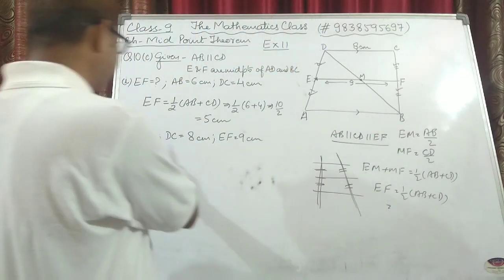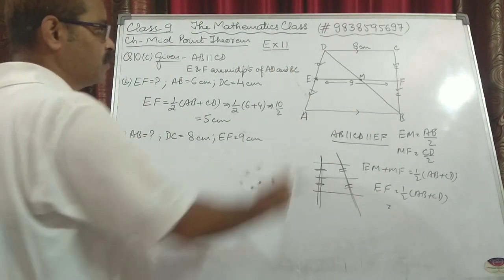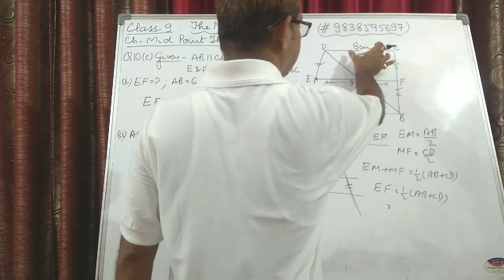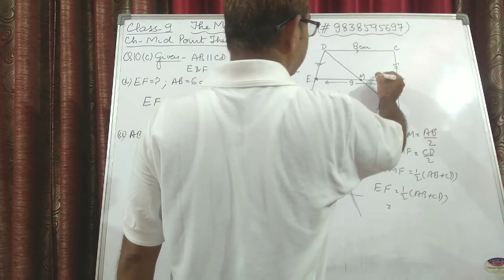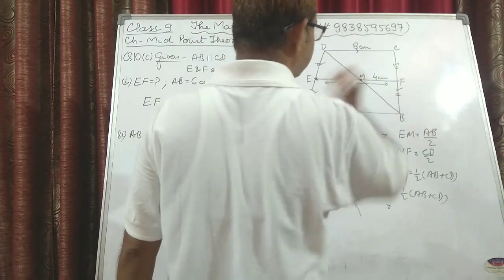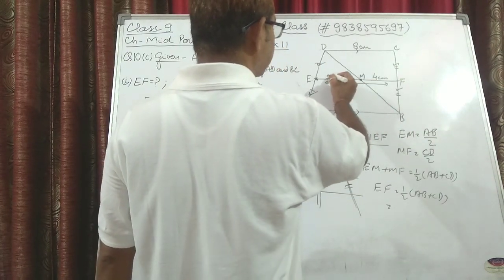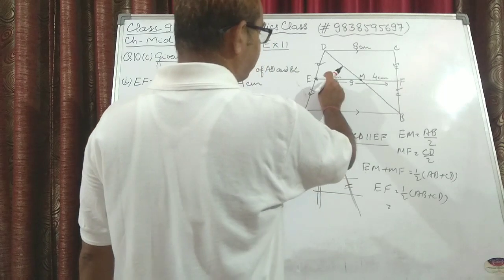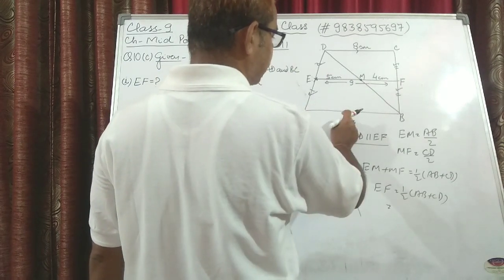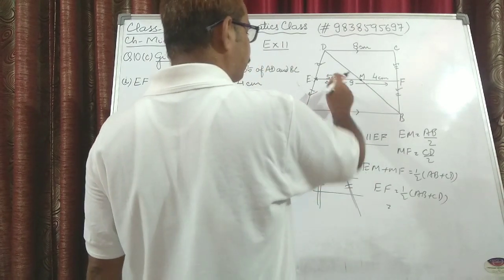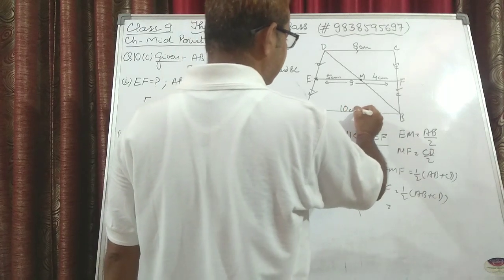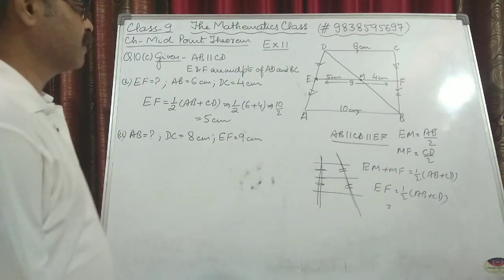We have to find the value of AB. Now we know that MF is half of BC, so MF will become 4 centimeters. This total is 9 minus 4, this becomes 5 centimeters, and this 5 will be half of AB, so AB will be double of 5, it means 10 centimeters, the final value.